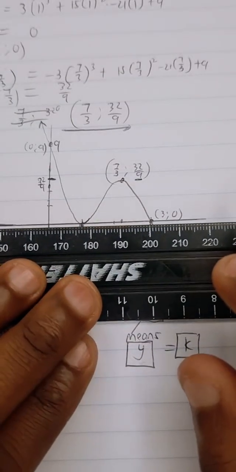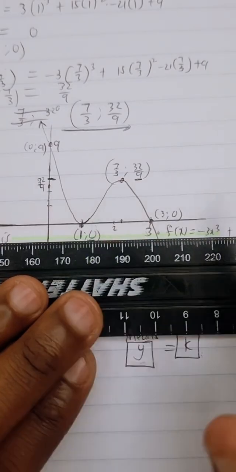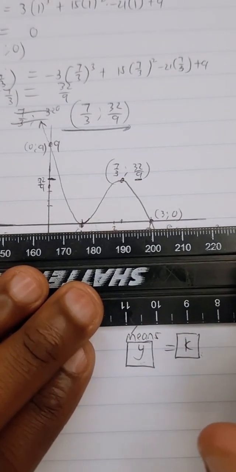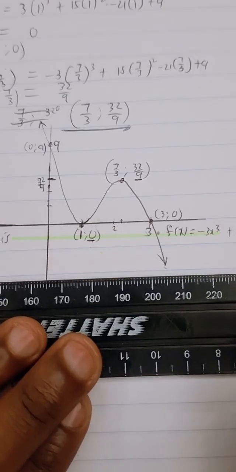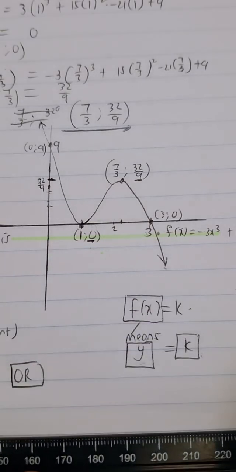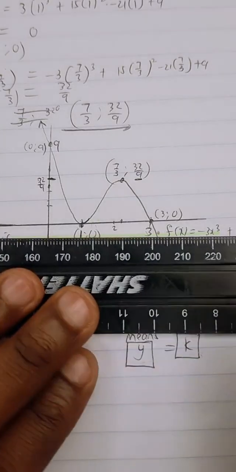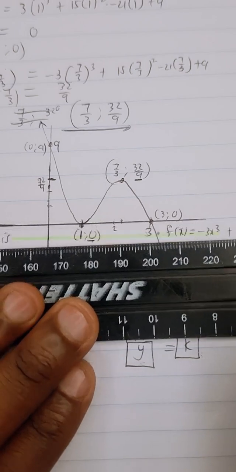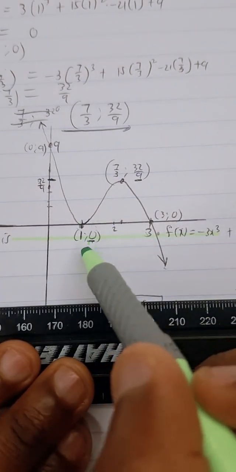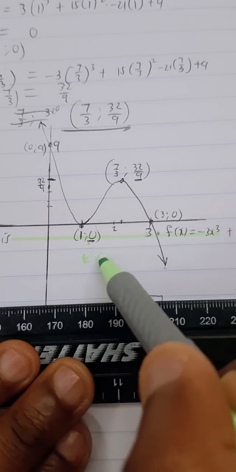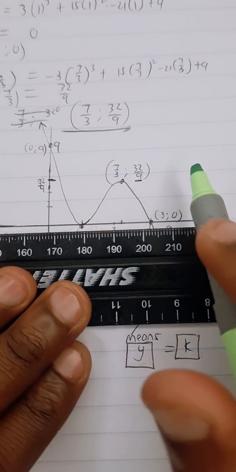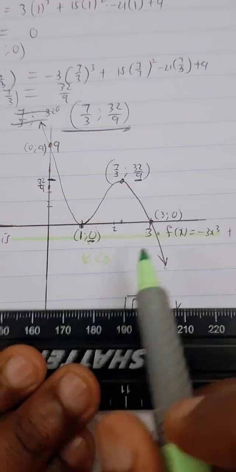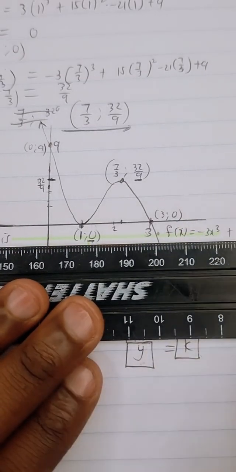So everywhere below y equal to 0, we cut once all the way as we go to negative infinity. So anything y less than 0, or in other words, anything k less than 0, that means below the x-axis, everything shows exactly one real root.